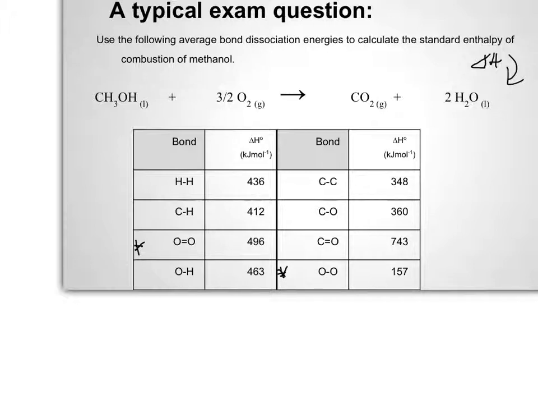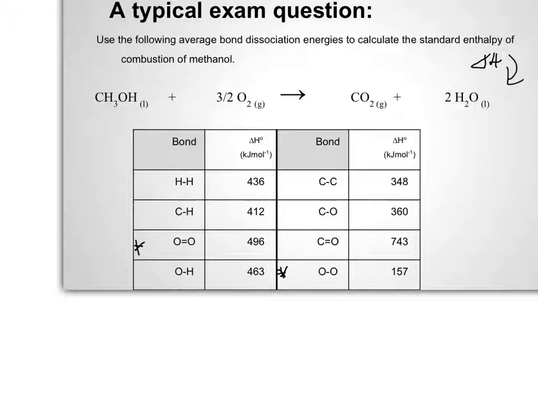So you can't just double a single bond energy to get a double bond energy. A double bond takes more than double the single bond energy. So that's why it's important to get the sticks done right for our calculation.